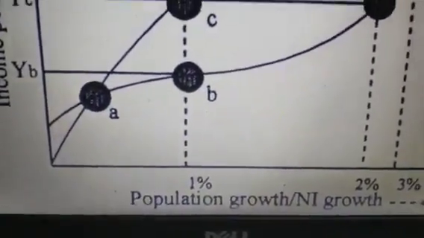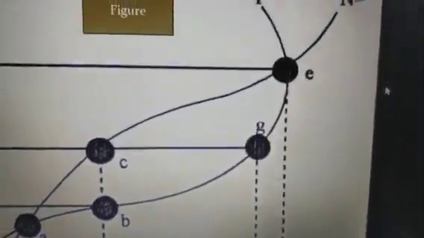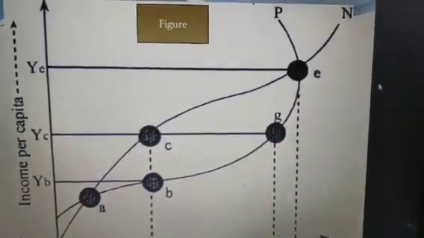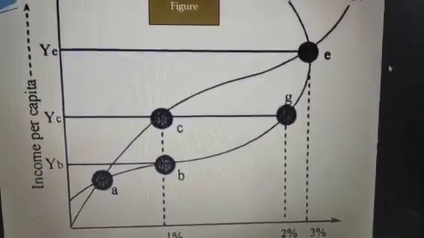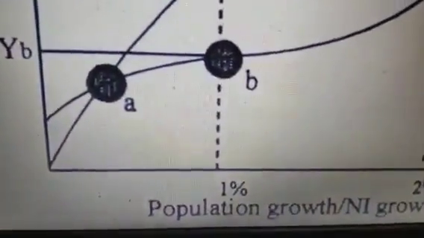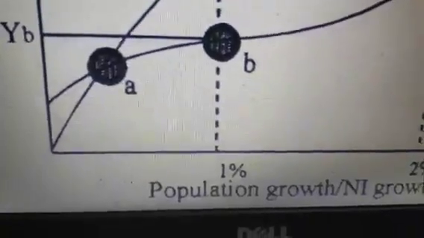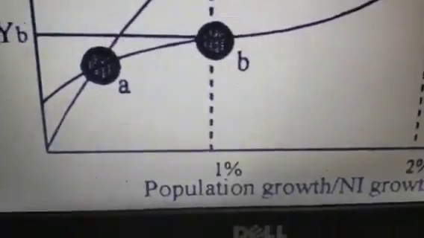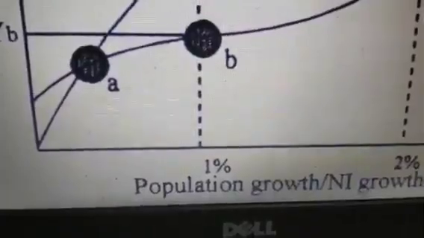So this graph is denoted as the P graph. P is the population graph, N is the national income or per capita income graph, and below point A there is no growth, because income and population are at the simplest point.